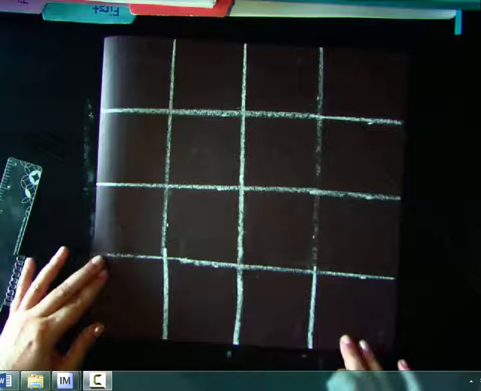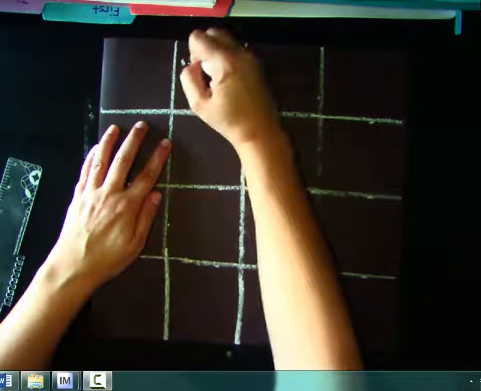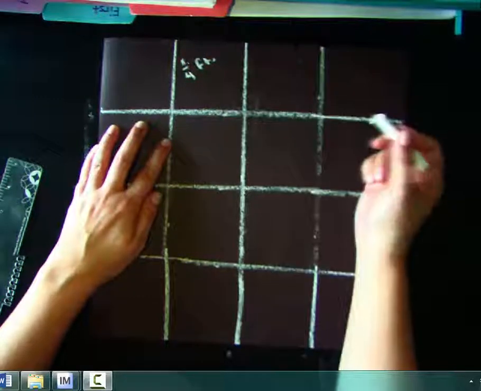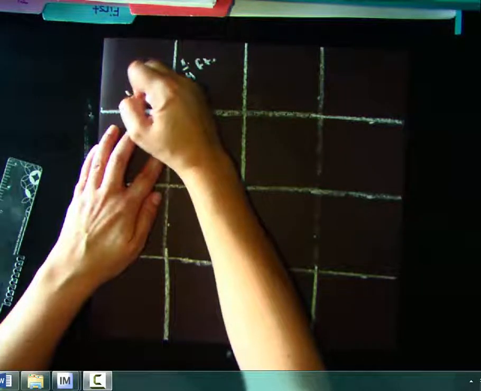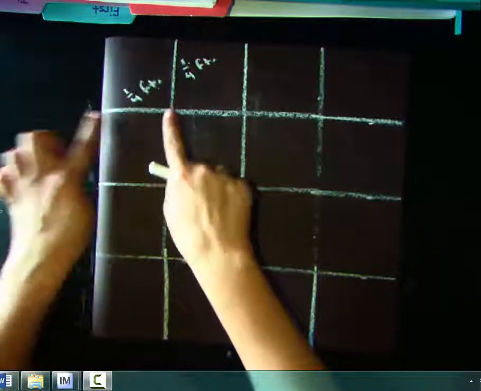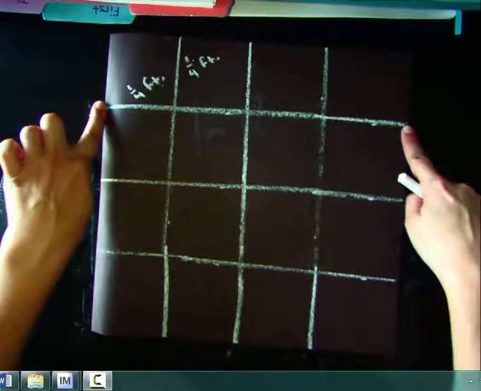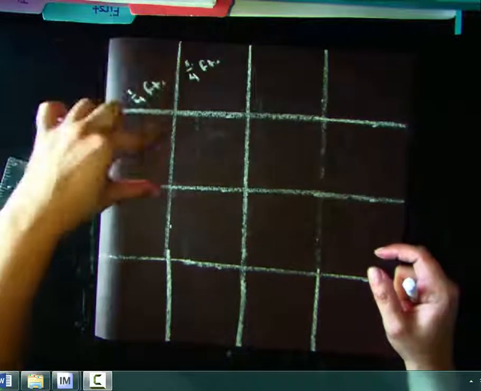Okay, so now I have drawn out one side of this is 1/4 of a foot, and this side is 1/4 of a foot, right? Because I have 1, 2, 3, 4, and I know that this makes 1 foot, and I have 1, 2, 3, 4, and I know that this makes 1 foot, okay?